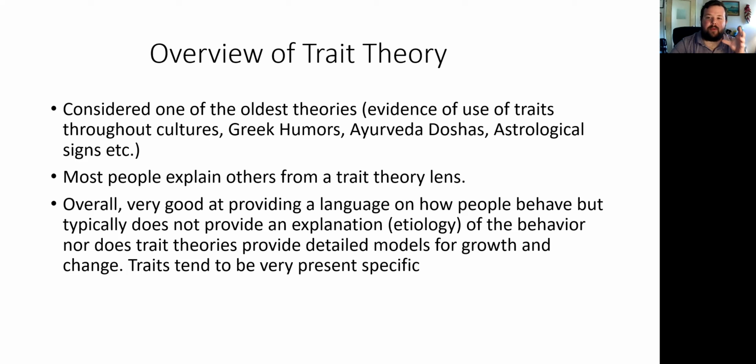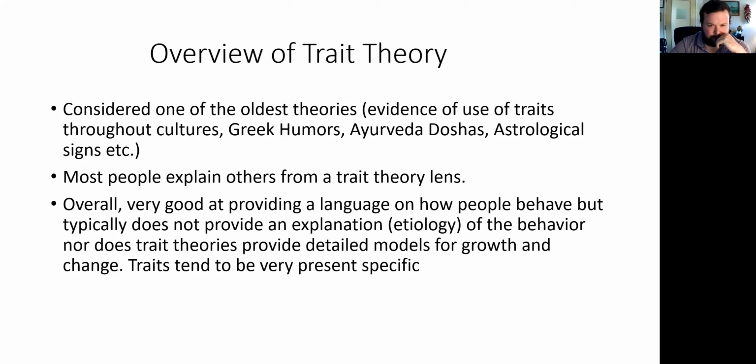We only care about what we can observe and see. We want to observe what's happening in the present. That's the most important thing, rather than focusing on possible reasons why they're acting that way in the moment, and also ignoring the possible internal mechanisms. The trait theorists are more interested in how we describe someone in the moment.